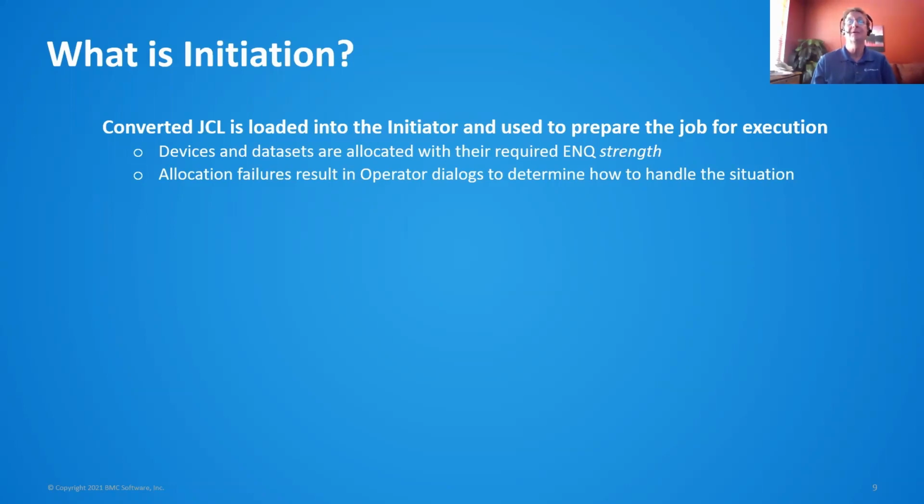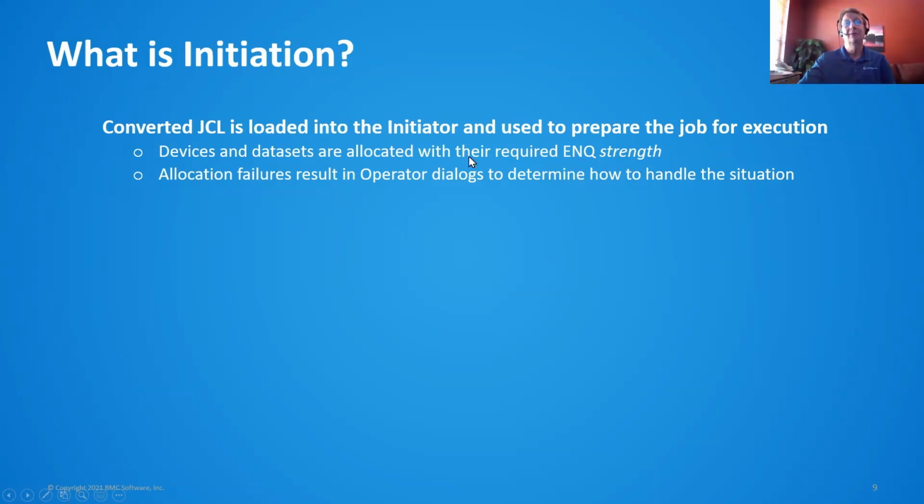So what does ENQ strength mean? ENQ can be either a share, which means I want a data set and I want it shared, and I'm able to use that data set with anyone else who wants it shared at the same time. We can all read that data set, generally no writing. And so it makes it available to anybody. And then there's exclusive. Okay, so DISP=OLD, DISP=MOD, whatever, that's going to get an exclusive ENQ.